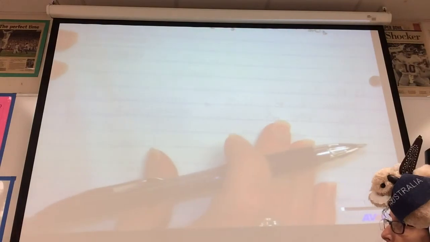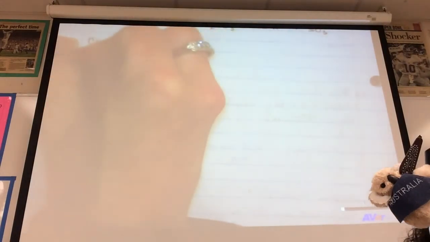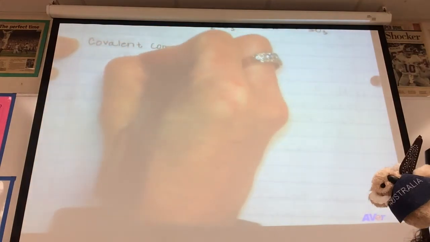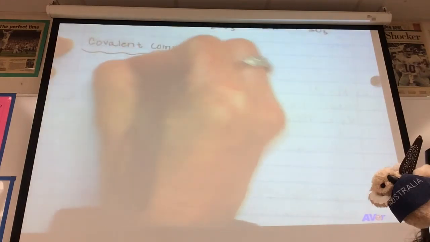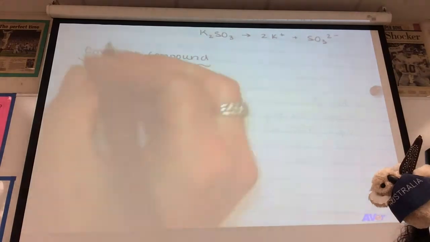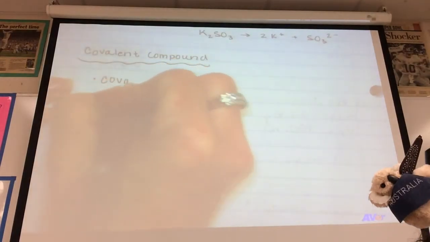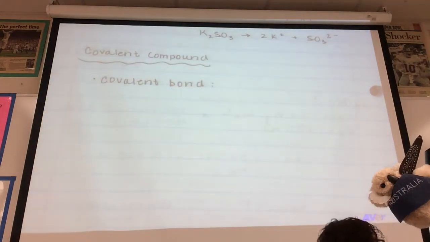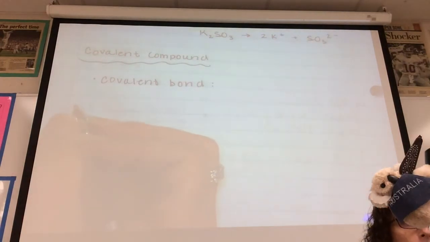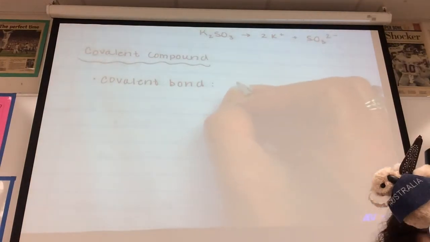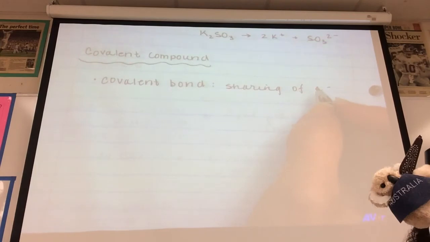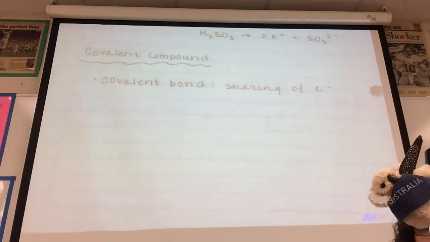And I do want to take a minute to go back and review this concept. If you have a covalent compound, keep in mind that covalent compounds have covalent bonds. And is a covalent bond formed through the sharing or transfer of electrons? Sharing of electrons.